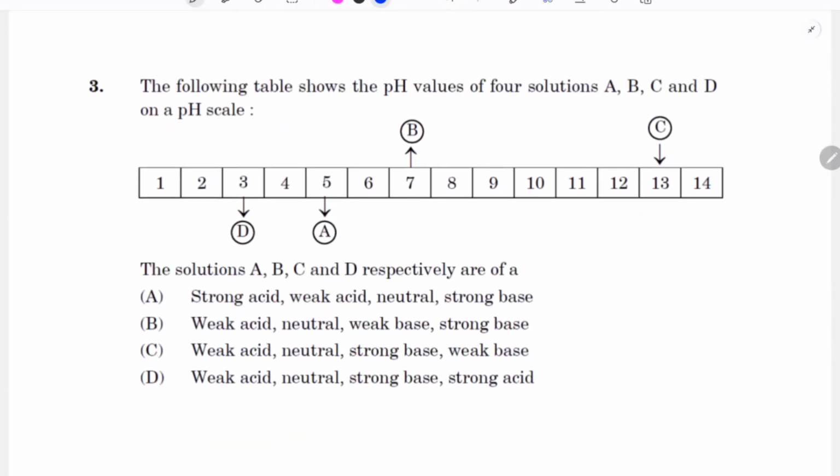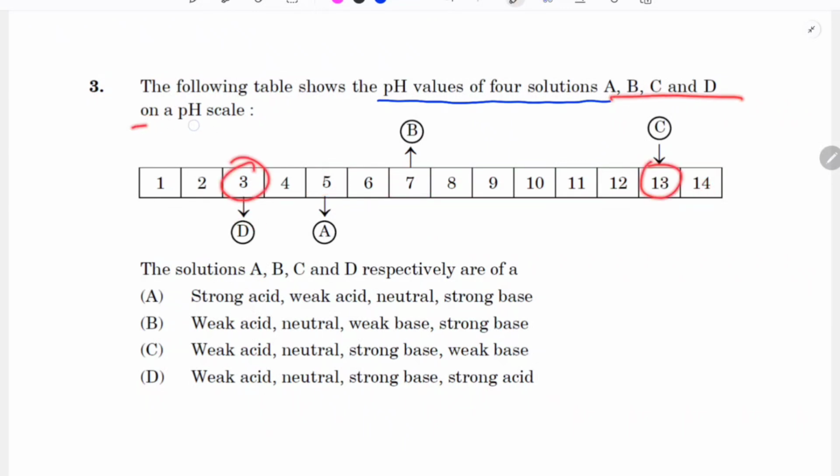Now the third question. The following table shows the pH values of 4 solutions. 4 solutions are there, A, B, C, D. For A it is given as 5, for B it is given as 7, for C it is given as 13 and D it is given as 3.